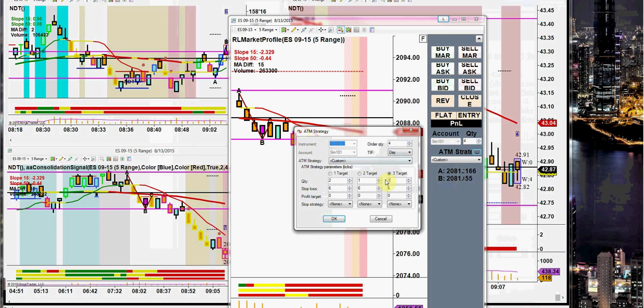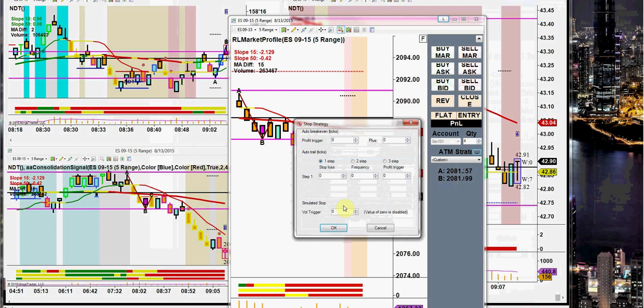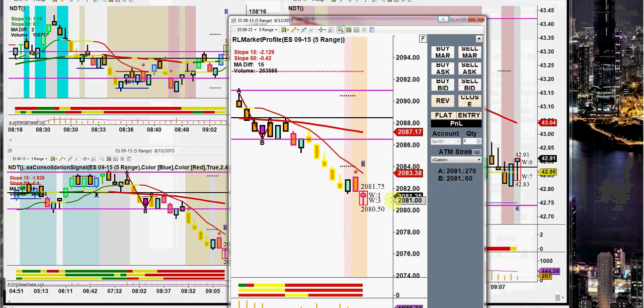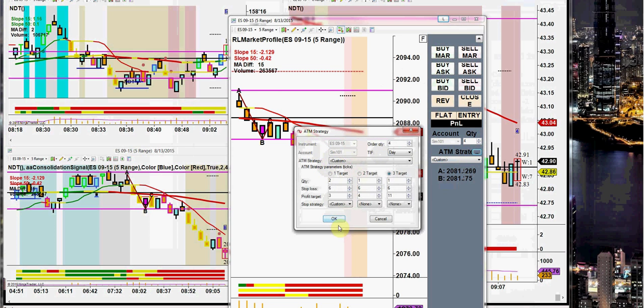First profit target is going to be +3 ticks. Next one's +4. The last one's +11. And this is going to be 3 and -1. Alright, so we should have everything set up properly here.